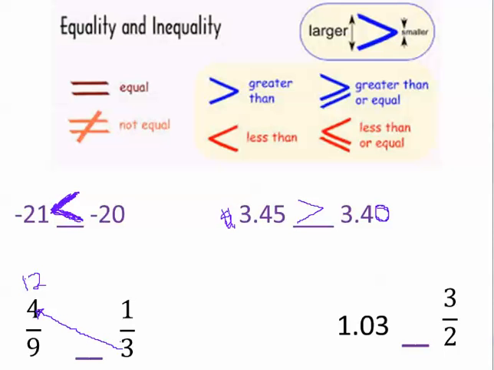I'm going to do the same thing in this direction, 9 times 1, and put the 9 here. Make sure you're putting them on top and doing it just like I did it, because like I say, it really is kind of a trick. So now, since 12 is bigger than 9, I know that 4/9 is greater than 1/3. Kind of a trick, huh? Well, on a screen or two, I'll do it on the calculator to show you it in a non-tricky way.